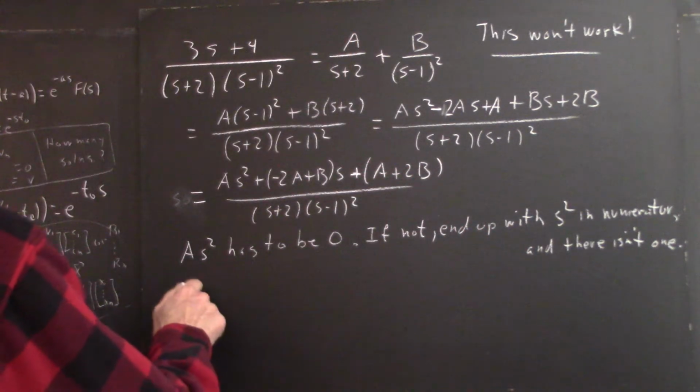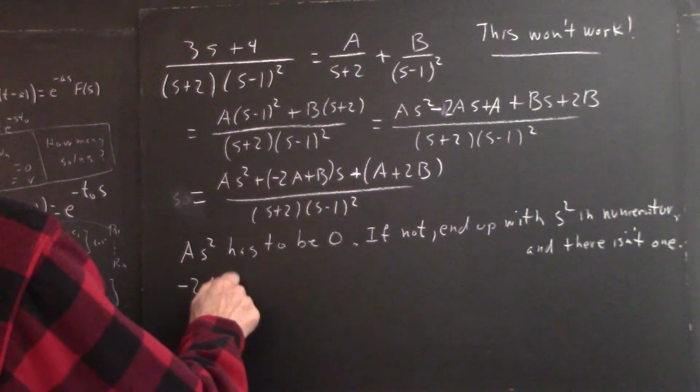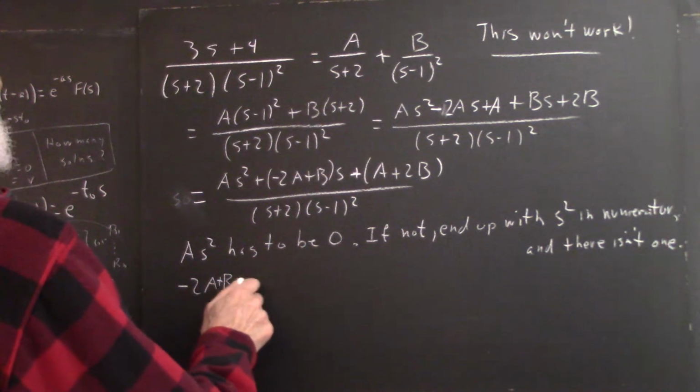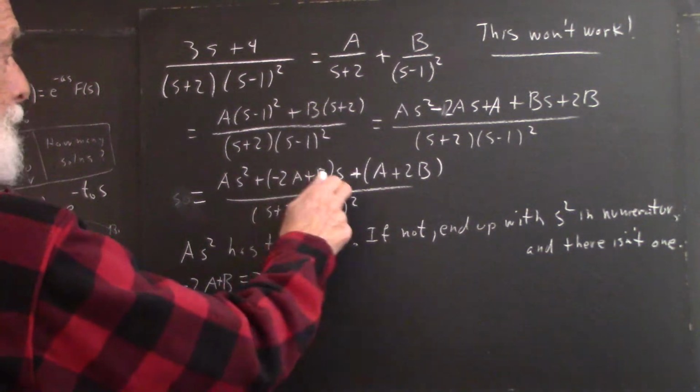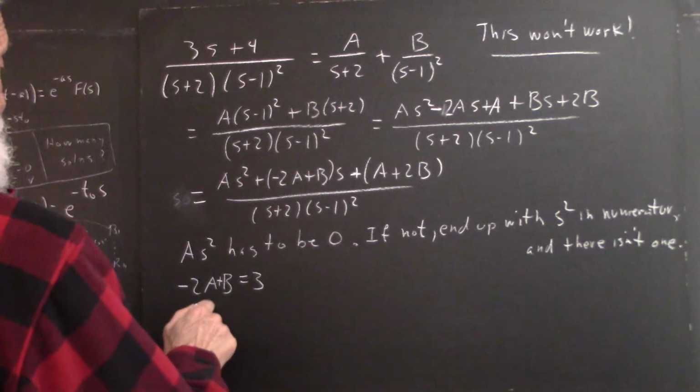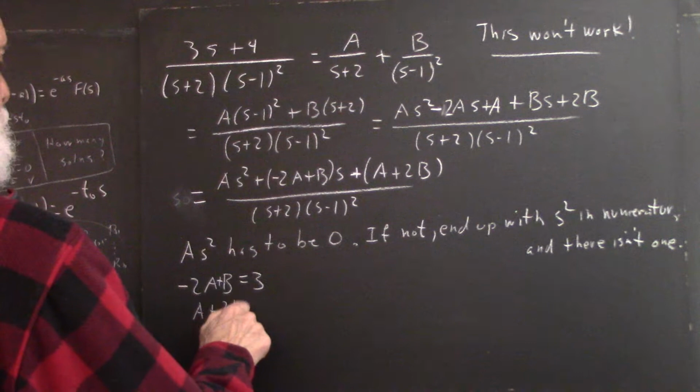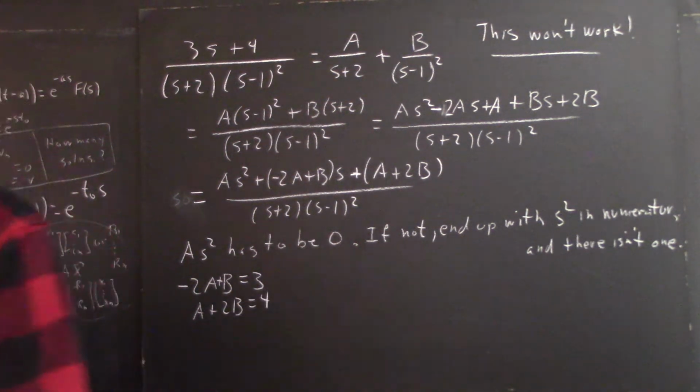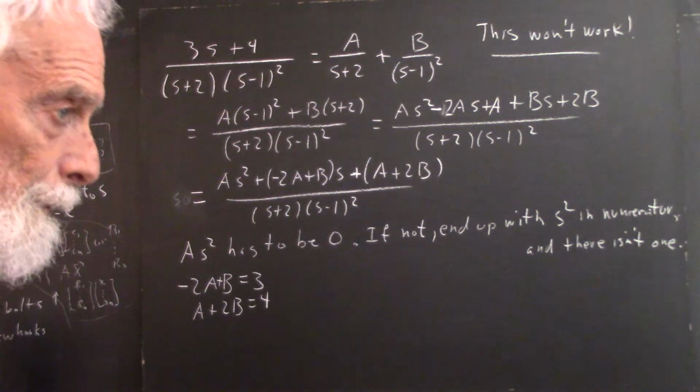Then we have negative 2A plus B has to equal 3 because that's the coefficient of S, and A plus 2B has to equal 4. Okay?